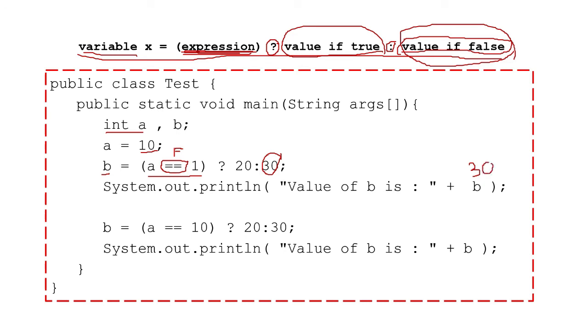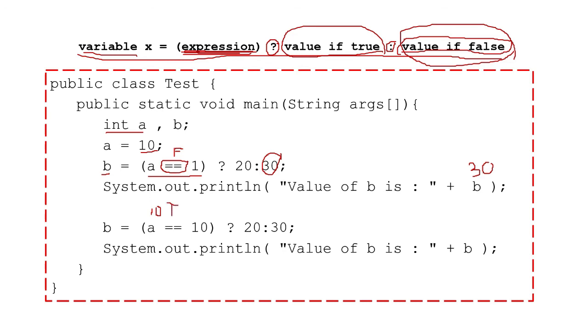Okay? Kung sana true yung expression natin dito, the value is 20. Next, B is equal to A is equal to 10. So, ano yung value ng A kanina? The value ng A is 10. Is 10 is equal to 10? Yung 10 ba ay equal sa 10? The answer is true.